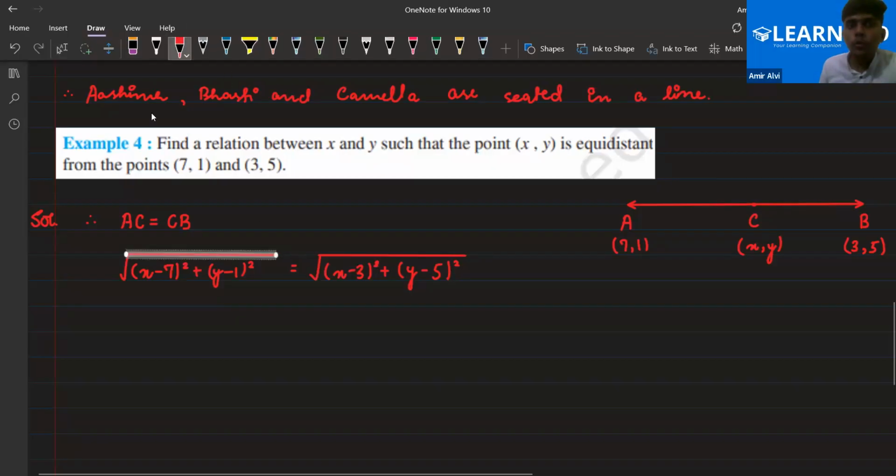Okay. Now you just have to do what? You just square both the sides so that your square root gets cancelled.